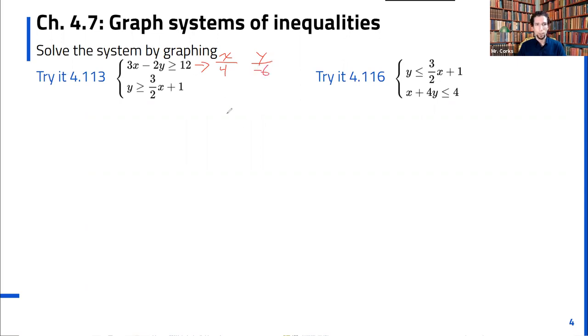So 12 divided by -2, that's -6. Okay, good. And then the other one, well, we could rearrange this, but this is also slope intercept form. This is pretty graphable. We can work with that.